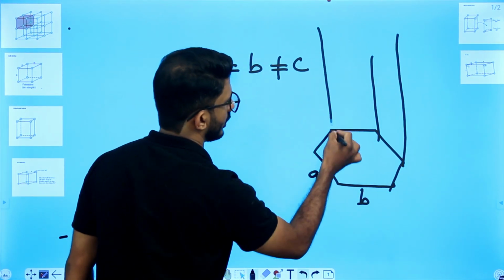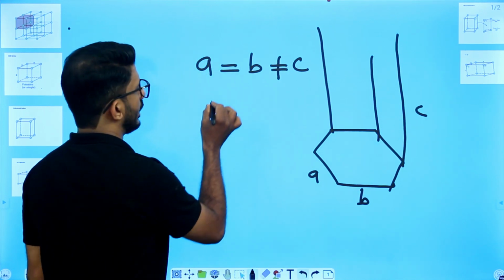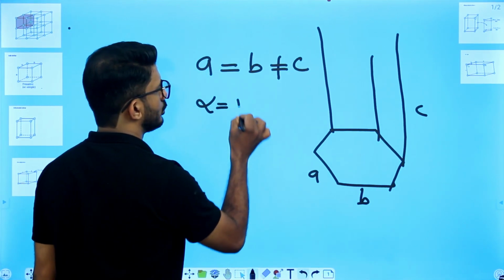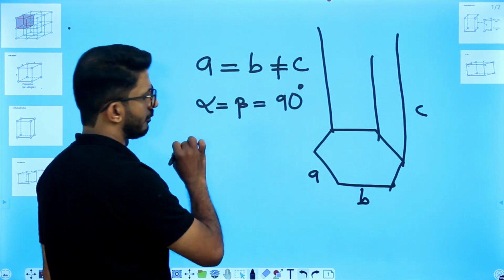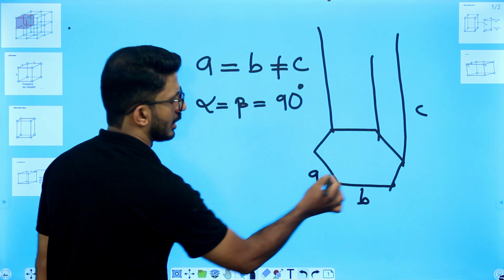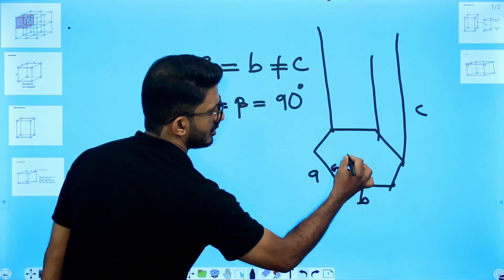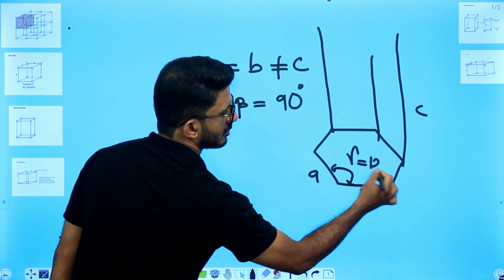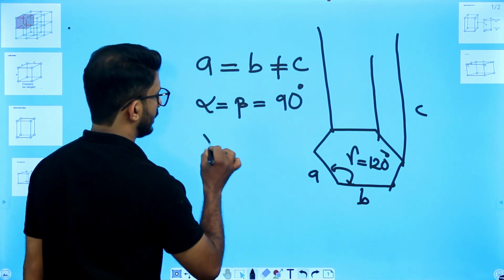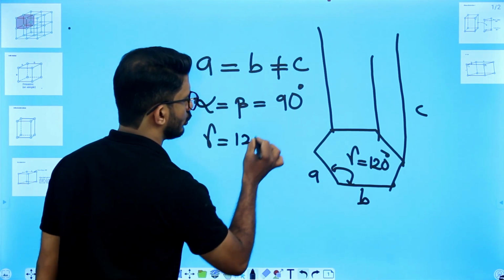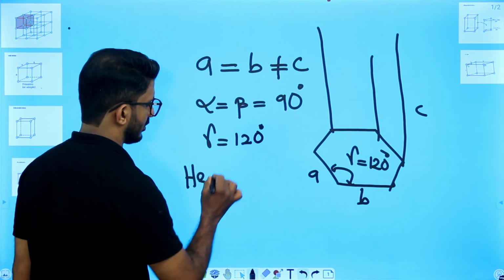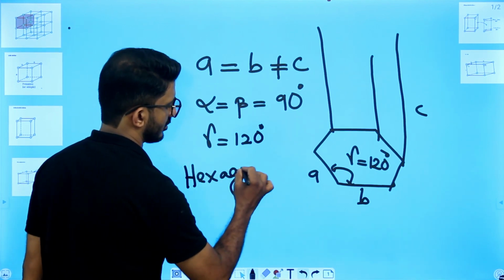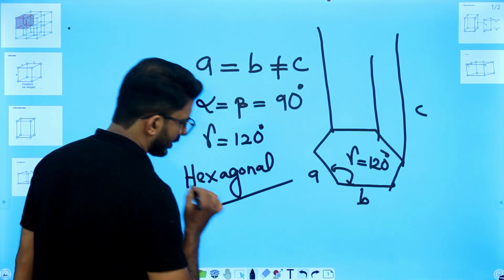That is C. And alpha is equal to beta is equal to 90 degree. But gamma is this angle, in a hexagon, that is equal to 120 degree. And this is called a hexagonal crystal lattice.